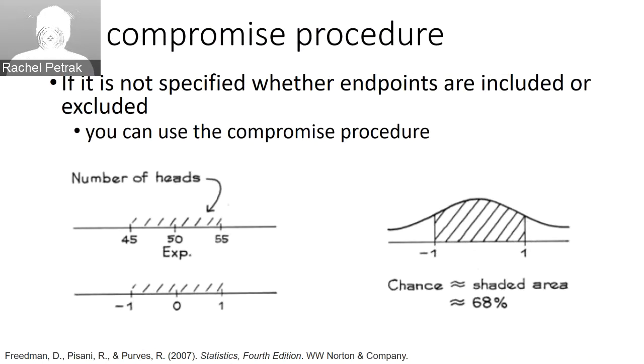This is pretty common, and this amounts to replacing the area under the histogram between 45 and 55 by the area under the normal curve between the corresponding values.